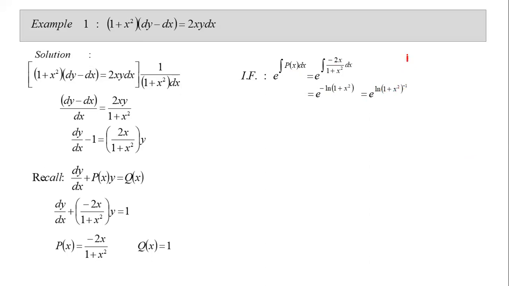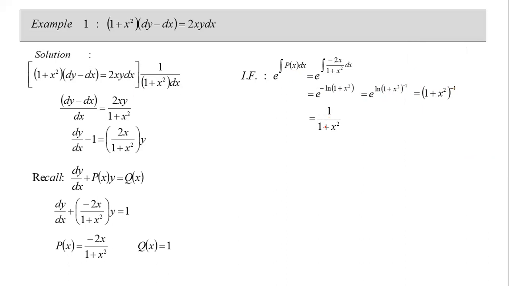You recall that r ln x is equal to ln x raised to r, and you know that e raised to ln x is simply equal to x. So this is just equal to (1 plus x squared) raised to negative 1, or by law of exponents, 1 all over 1 plus x squared.